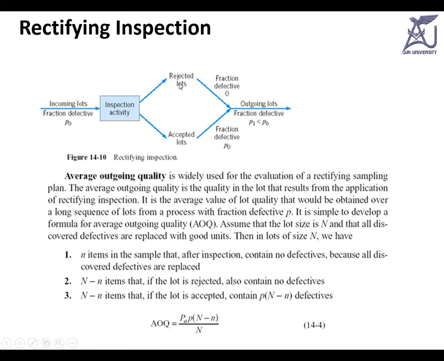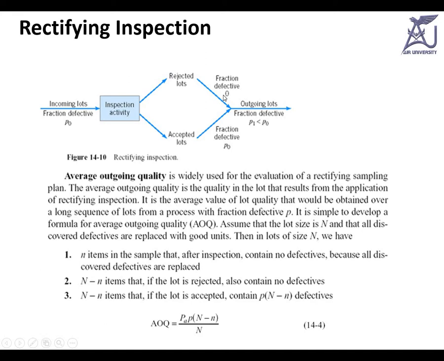So of course, if you are doing 100% inspection for the rejected lot, it will carry fraction defective equal to 0, because you have already replaced all the bad components with good ones. When the rejected lot and the accepted lot combine together, of course the new fraction defective P1 will be lesser than P0.